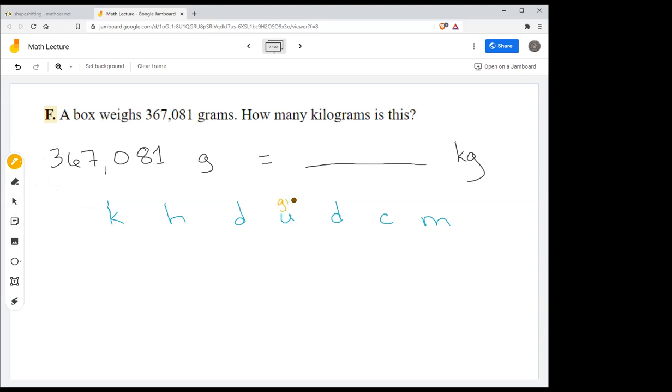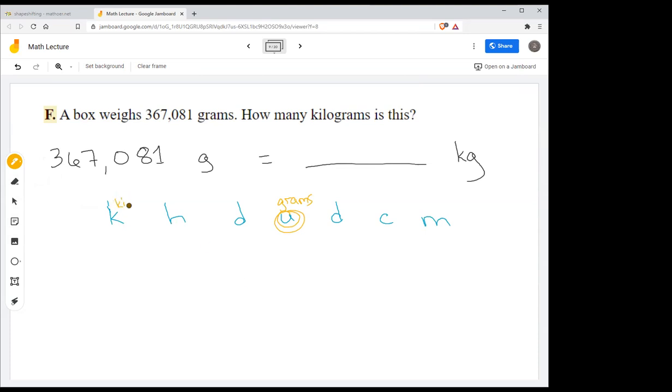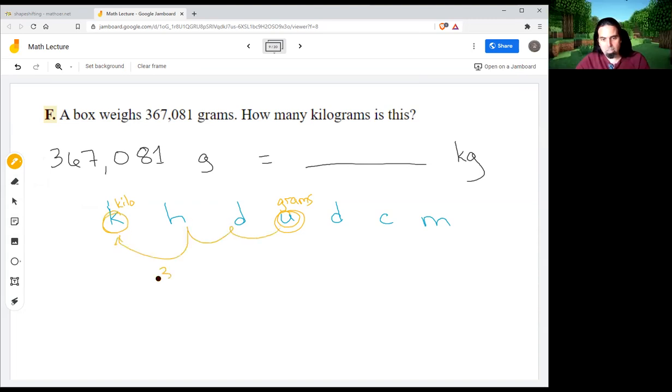Unit, grams. And going to K. K, kilo. So 1, 2, 3 to the left. So we get 367.081. And yes, we really had measured it that accurately. In real life, I might round it.